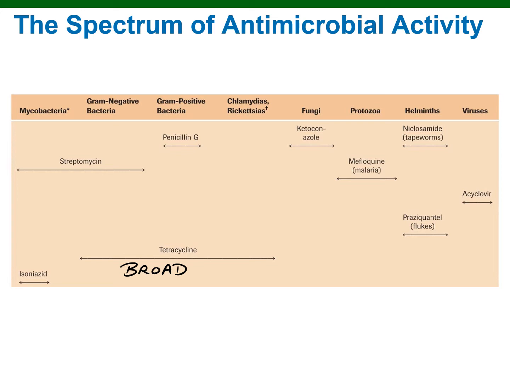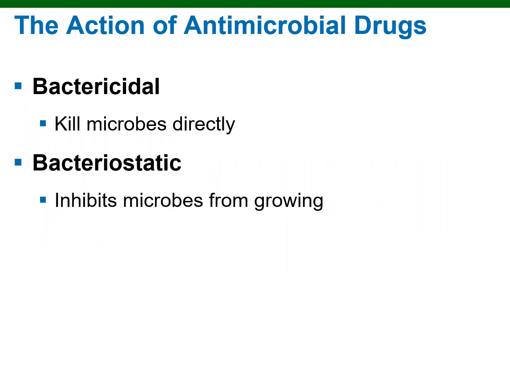And then penicillin would be an example of a narrow. And there are many examples of both broad and narrow spectrum antibiotics, but that just shows you a couple of easy to see examples here on this table. Here are the definitions of bactericidal and bacteriostatic, and keep this in mind as we go over the various antibiotics in the rest of this lecture.